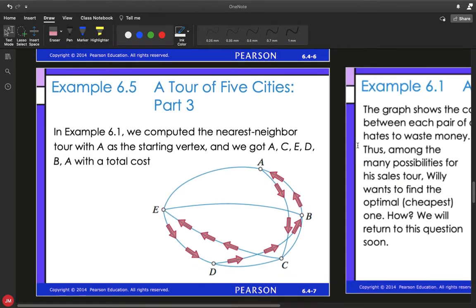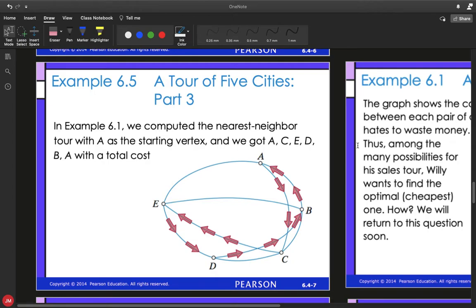So let's go back and think about the 5 cities. We'll continue to use this example from 6.1 in order to look at these different algorithms.